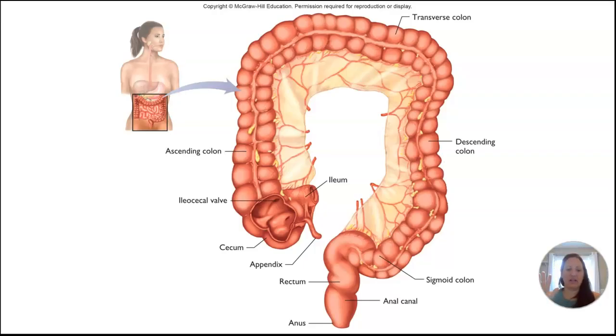Make sure I get my math right. So the cecum is the beginning, ascending goes up, transverse goes over, descending goes down, and it ends in the sigmoid colon. Here is the rectum. And then down here is the anal canal and the anus. There is a sphincter here, the anal sphincter, which is the only sphincter that's under voluntary control.